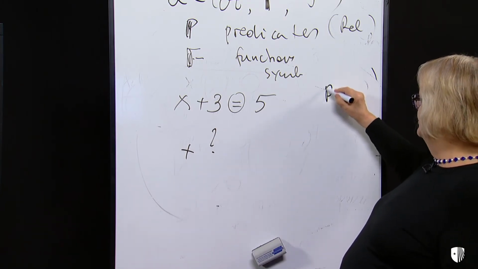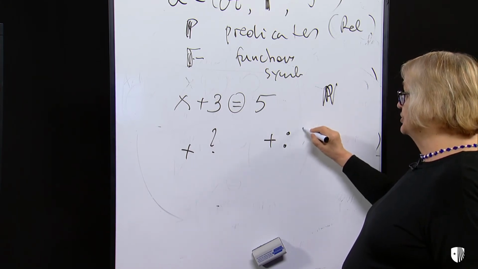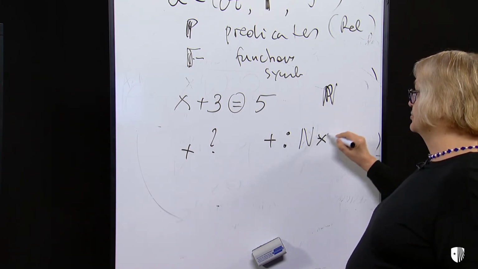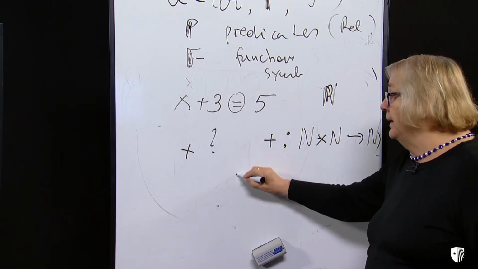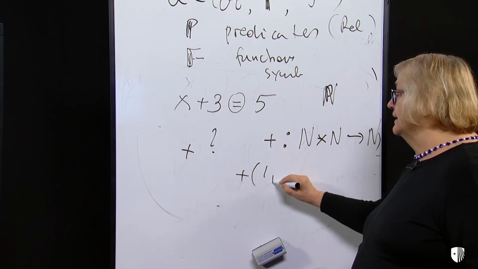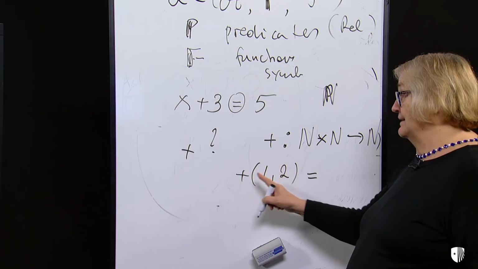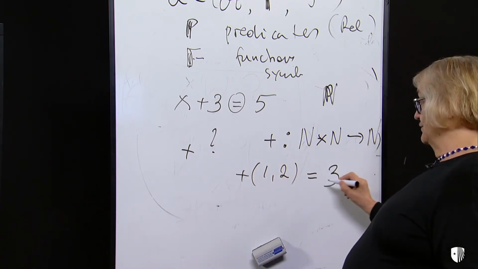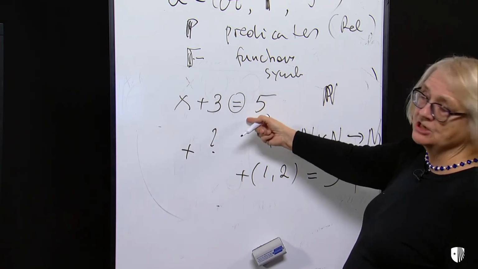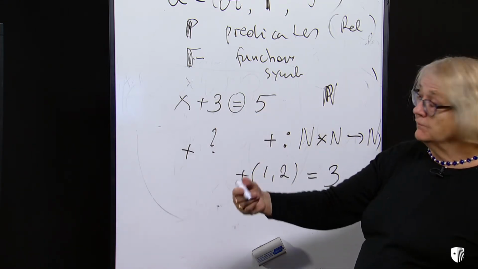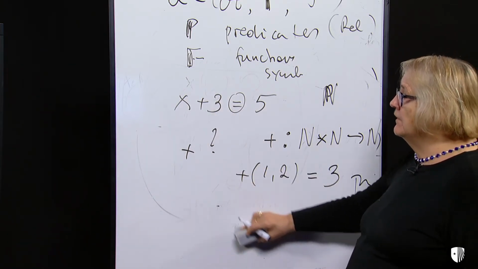Plus, let's say, in natural numbers, is a function which takes two natural numbers and returns a natural number. So plus is really a function between two numbers, and you write plus between 1 and 2 is 3 as a true statement. Like we were writing relational symbols in front, we write also a functional symbol in front.